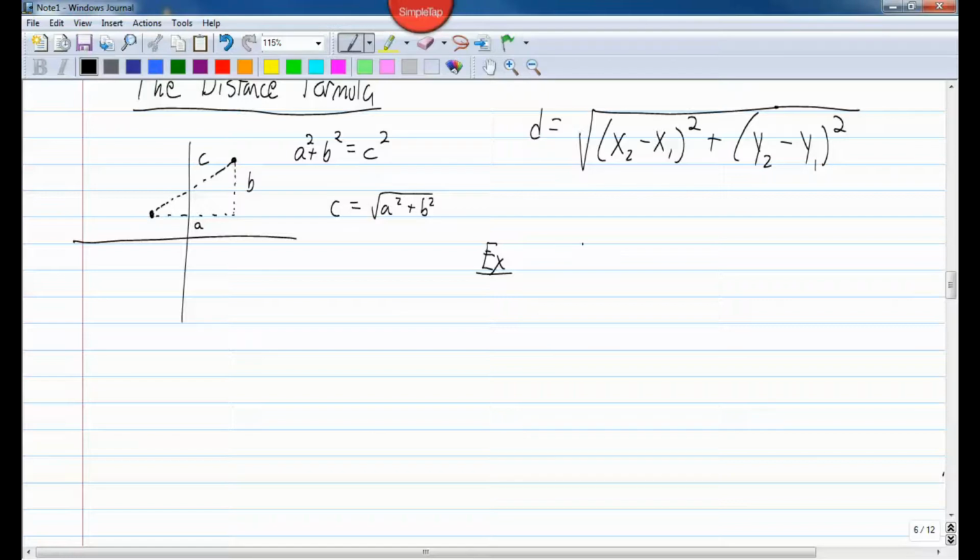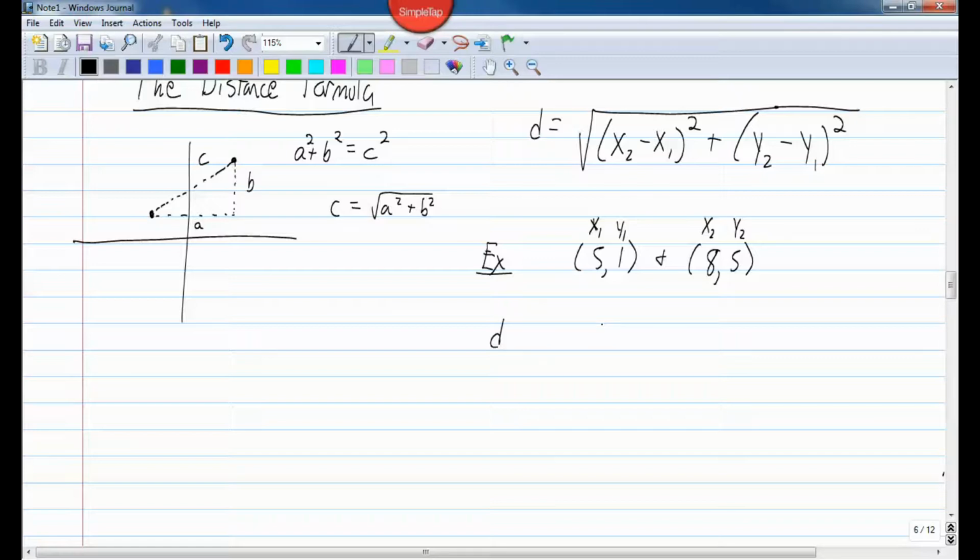Let's say I have the point 5, 1 and the point 8, 5. And I want to find the distance between those 2. So that it will match up with this formula, label your points: x sub 1, y sub 1, x sub 2, y sub 2. Now you may not have to do that, but to make sure you plug the right numbers in, you might want to.